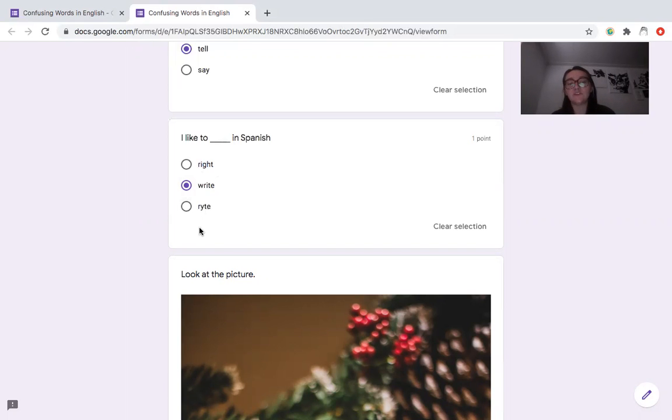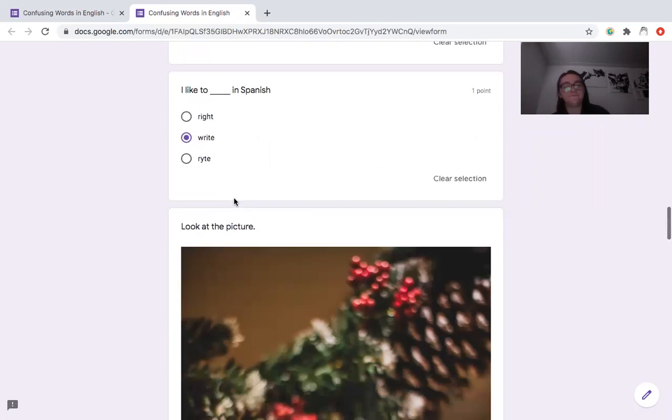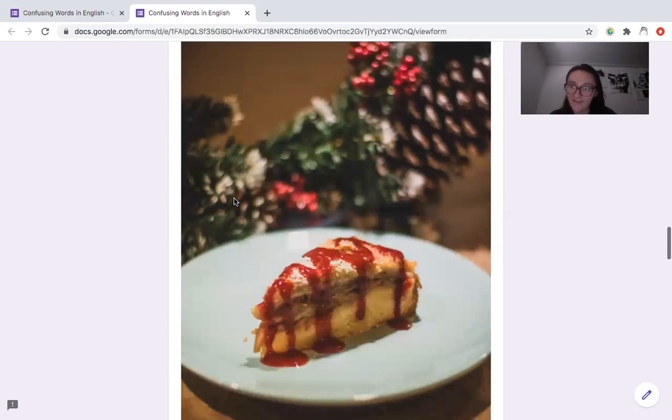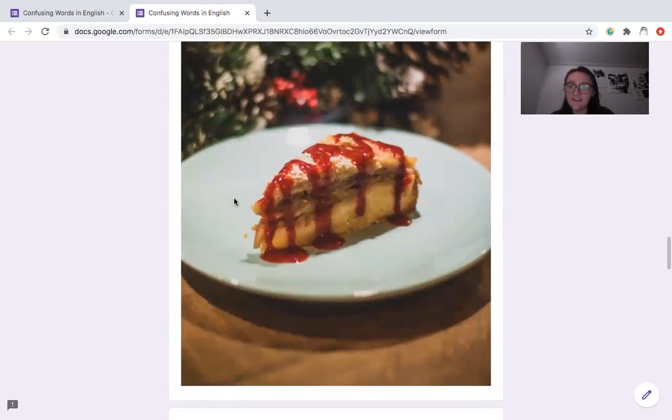And this one I just spelt a funny way, not because it means anything. The correct way when you're talking about writing, like in a book or on paper, you use W-R-I-T-E.